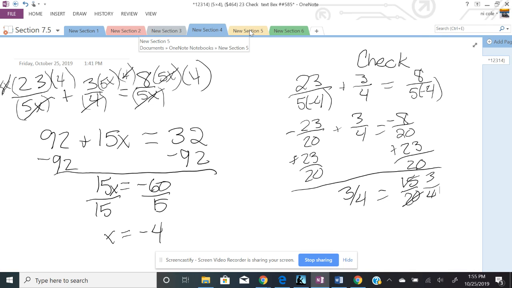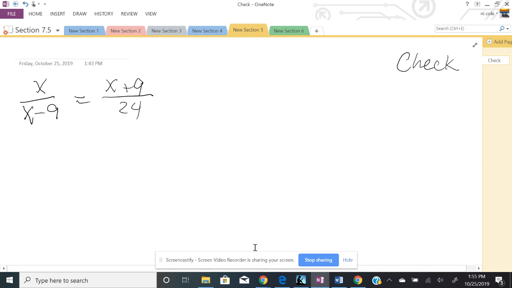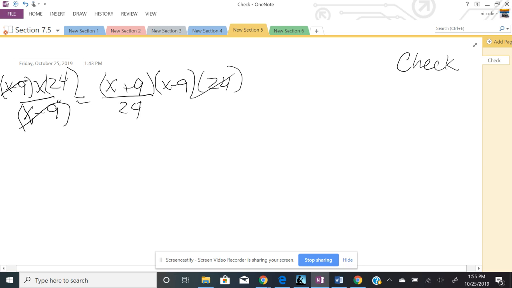Okay. So again, all I can say, let's just get rid of the denominator. So the first denominator I have is x minus 9. If I do it to that side, I have to do it to this side, x minus 9. That cancels that, but I'm still left with that 24, so let's multiply everything by 24. This 24 would cancel here.